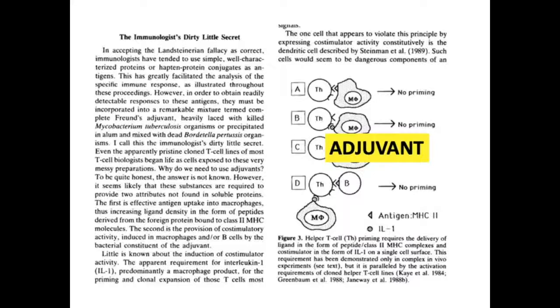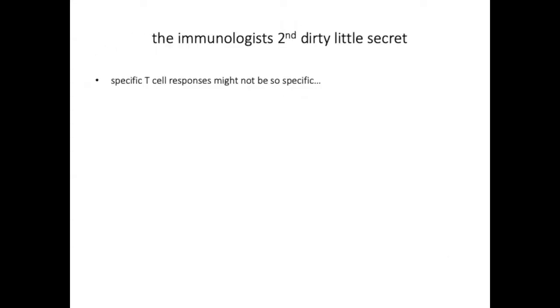At the time, he was mostly discussing IL-1, but we know that there are many co-signals. So now, what is the second immunologist's dirty little secret? It is that I think specific T cell response might not be so specific.